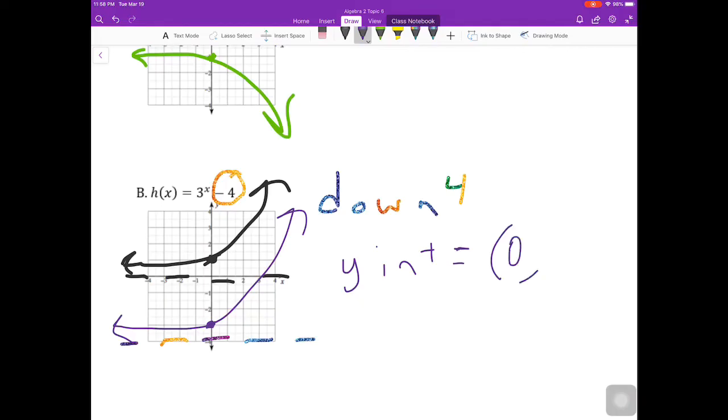So our y-intercept is going to be 0, -3. And our asymptote is at y equals -4 instead of y equals 0. So that's what a number on the outside like that does for your graph.